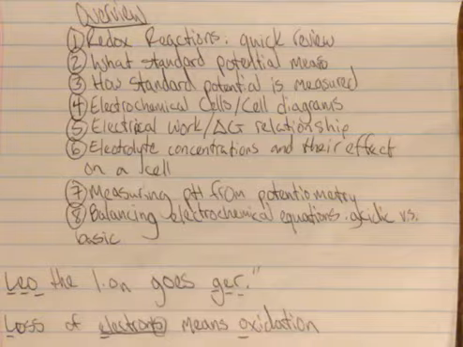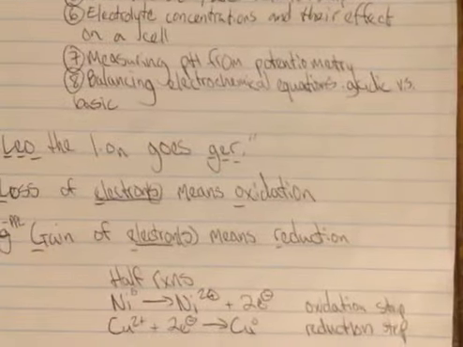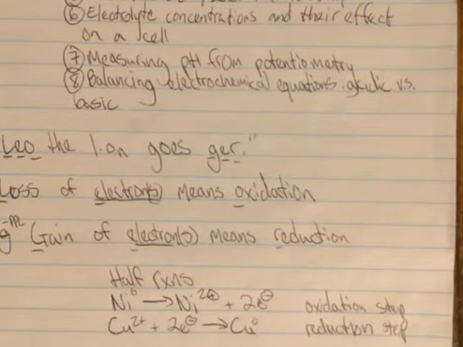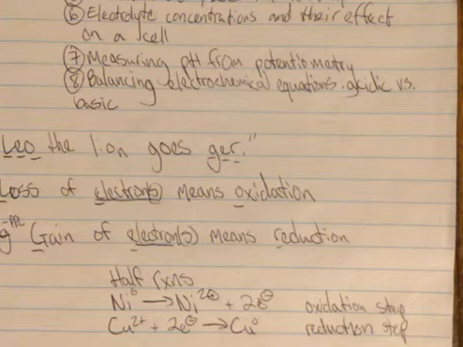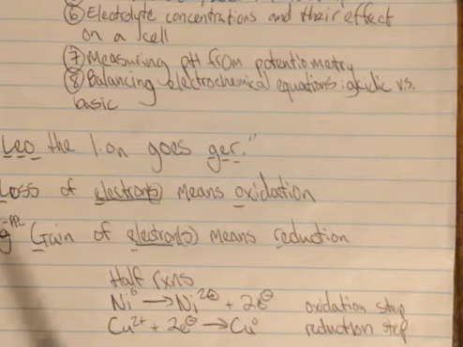And then GER means gain of electrons, which translates to reduction. So that's something I keep in mind if you're thinking of what's an oxidation step, what's a reduction step.